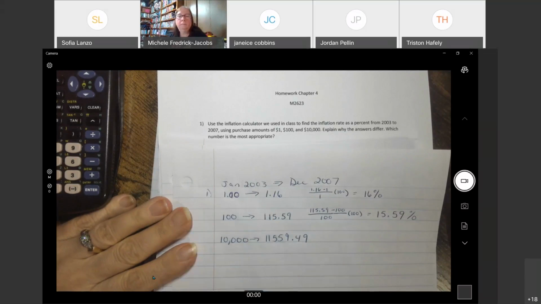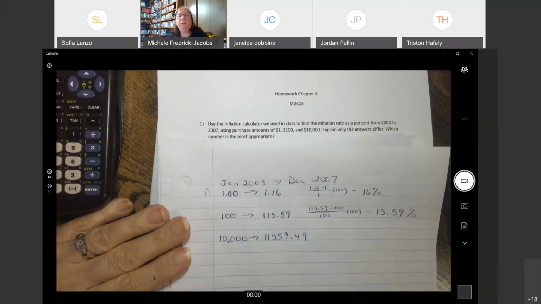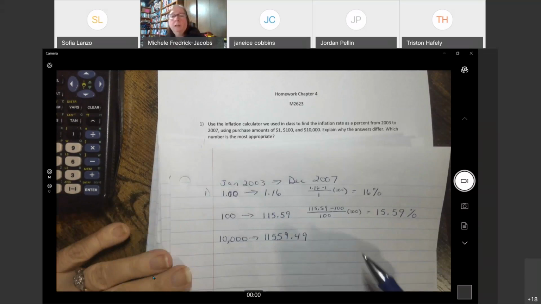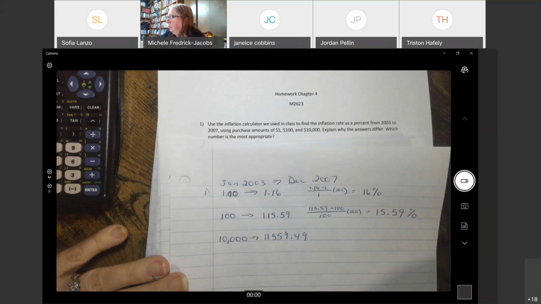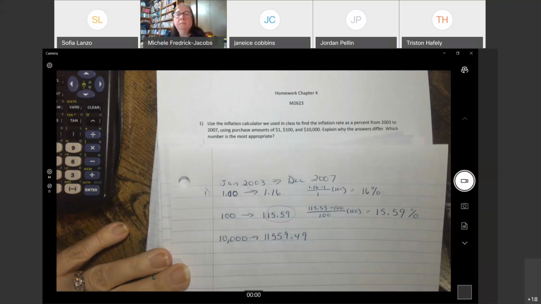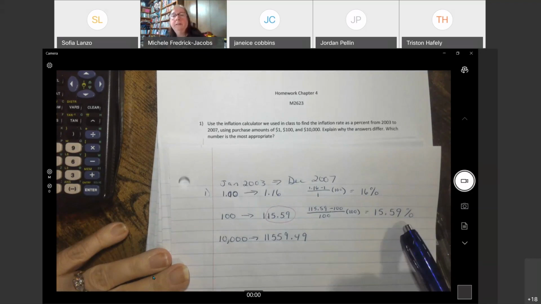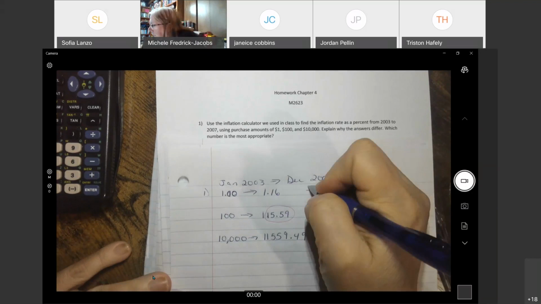Do we have to show that formula because we already did the 100 versus 100 and we got 15.59%? Exactly. You wouldn't have to show it. When you use 100, the inflation rate is right inside there. So you can do it in your head. You're just subtracting 100. The same thing with the 1.